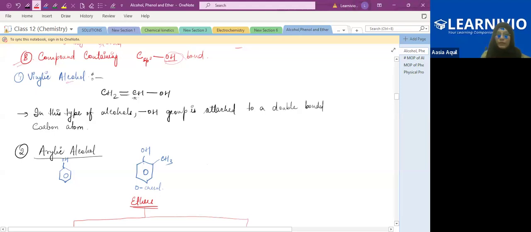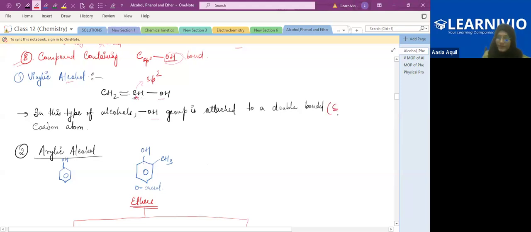So what is vinylic alcohol? When the hydroxyl group is attached directly to a carbon which is sp2 hybridized, this carbon is known as vinylic carbon. Please write it down. In this type of alcohol, the hydroxyl group is attached to a double bonded carbon atom.